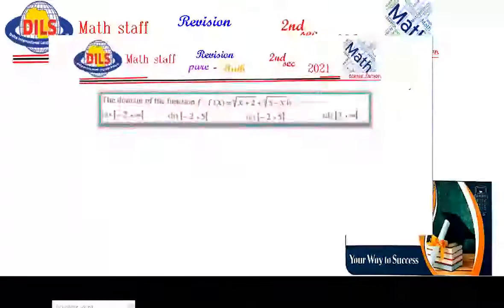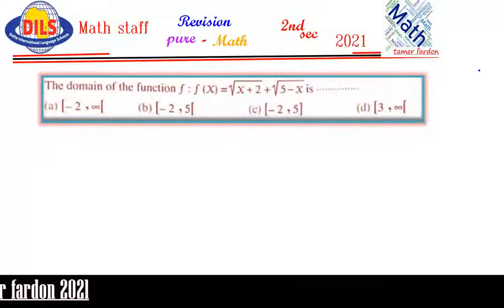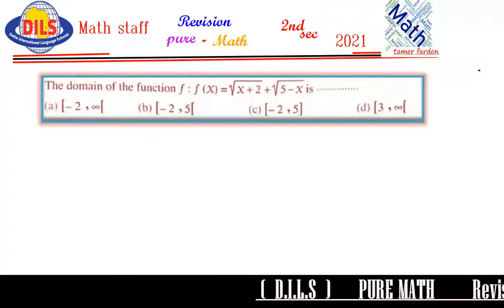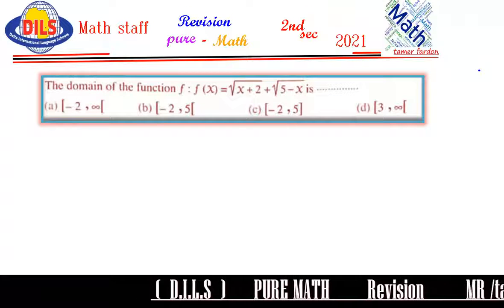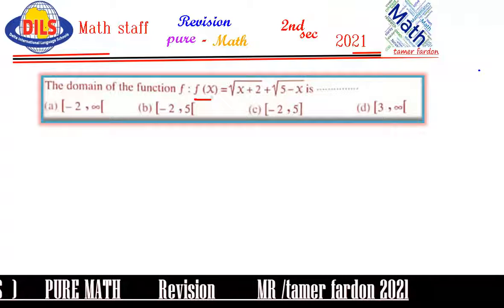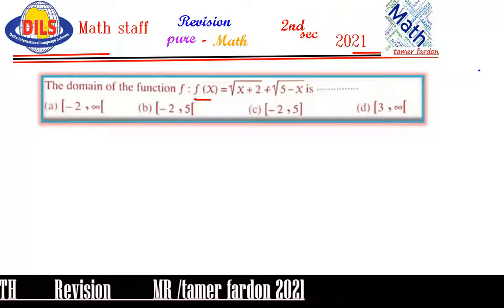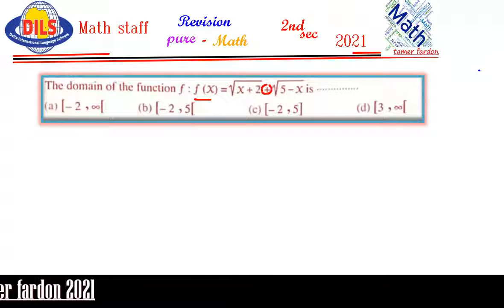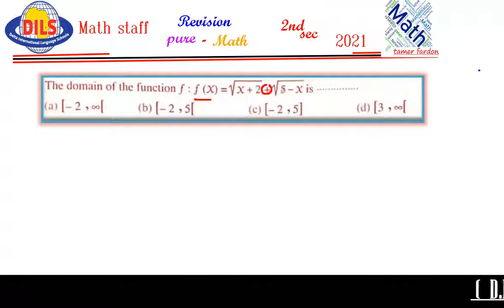Problem 1. The domain of the function f, where f(x) equals root x plus 2 plus root 5 minus x, is... Here we have function f(x), the sum of the two functions root x plus 2 and root 5 minus x.